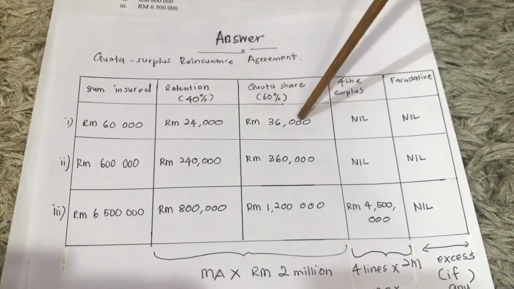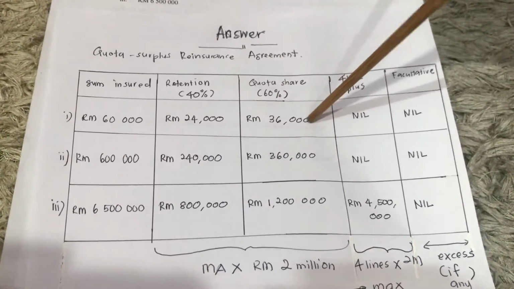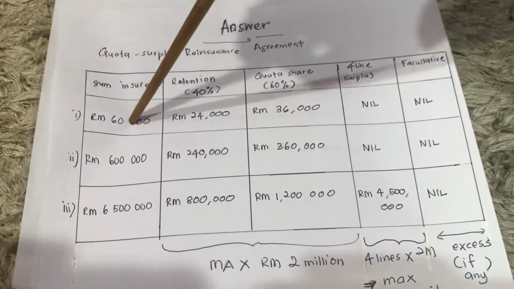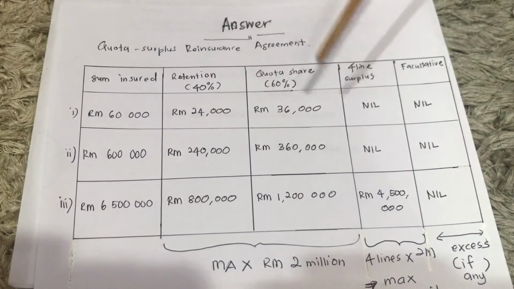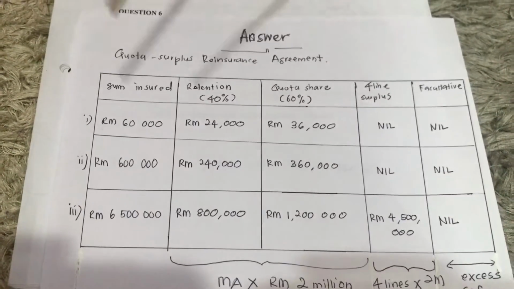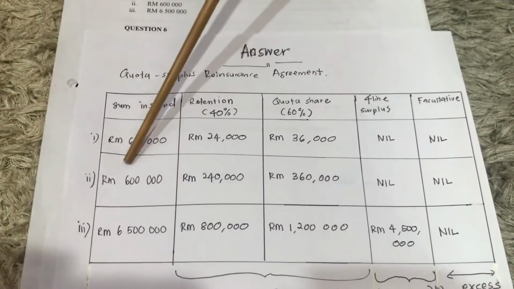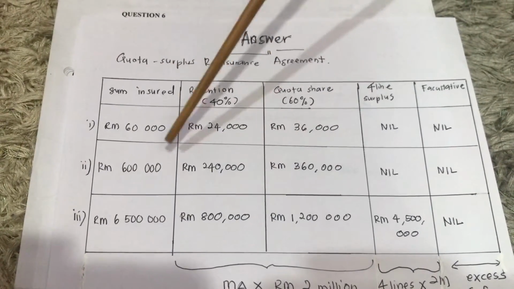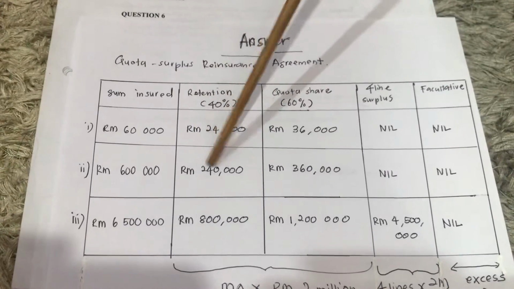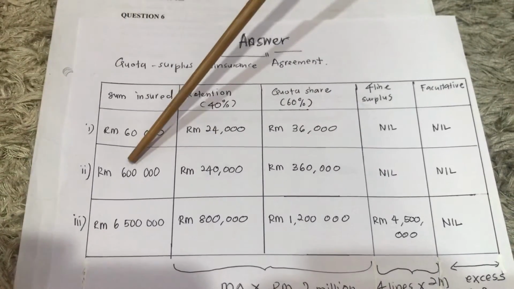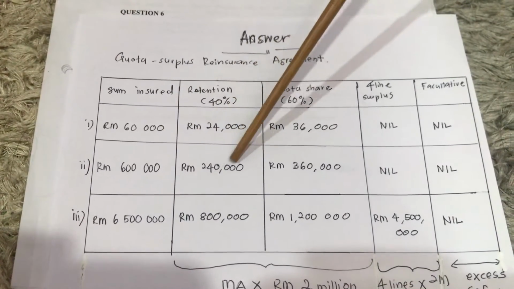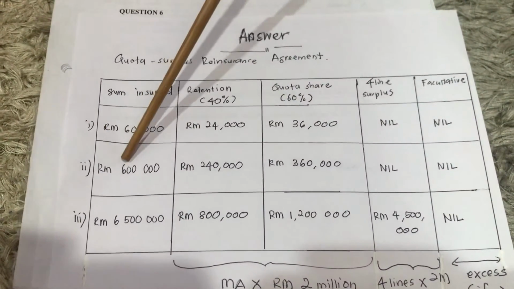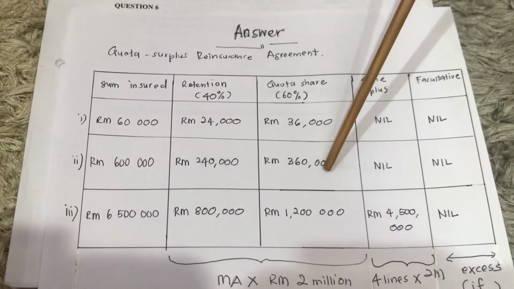The rest, 60% out of 60,000, is 36,000, is insured to the reinsurance company. What if the sum insured is 600,000? The 40% out of 600,000 is 240,000. The rest, 60% times 600,000, you will get 360,000.